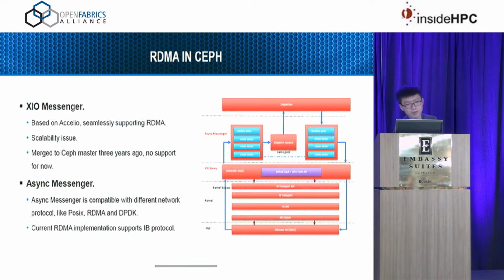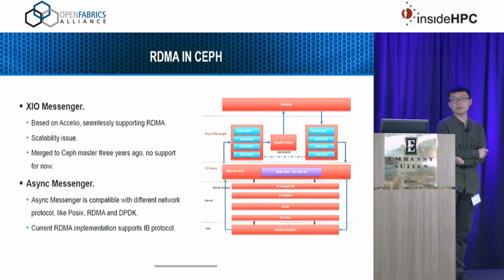Here it is the async messenger. Async messenger is event-driven. All the messages are handled by the worker pool. The bottom layer is hardware: the network hardware, storage hardware, or other hardware.